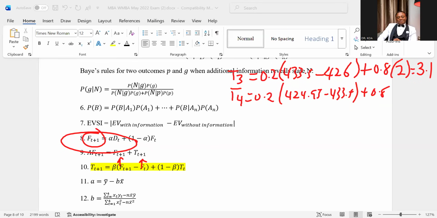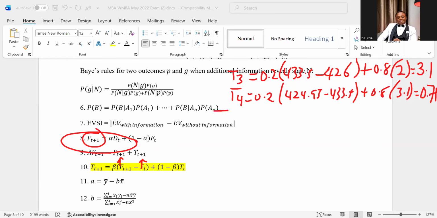That one is easy. 3.1. So we just calculated it. When you do that, what do you get?